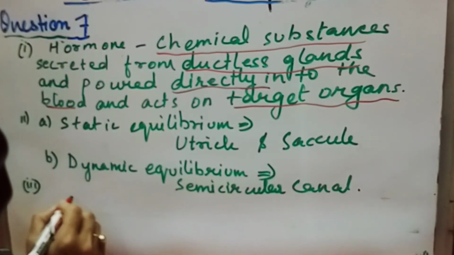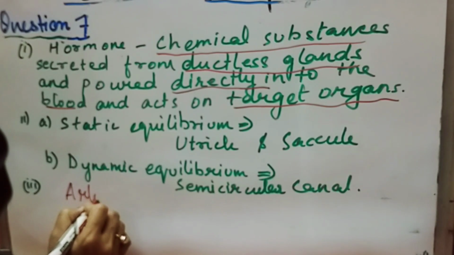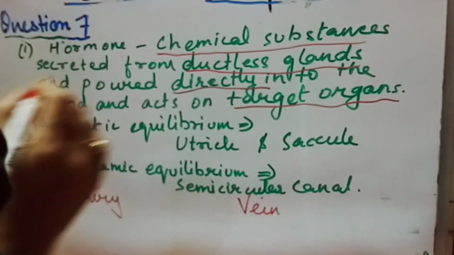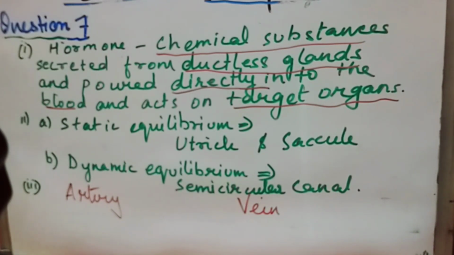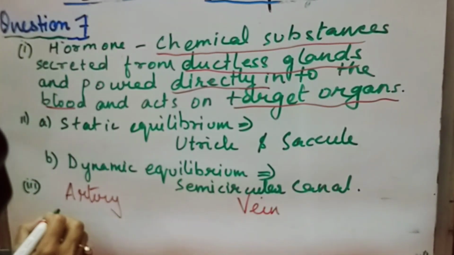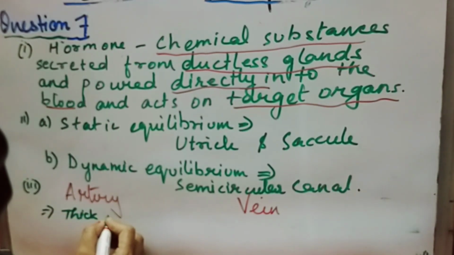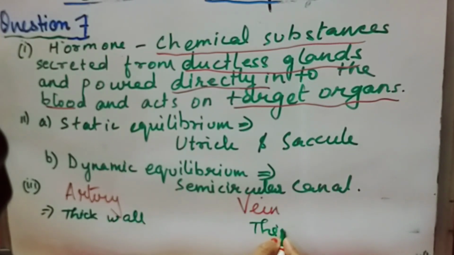So artery and vein. The first difference would be thick wall. So artery has thick wall, vein, they have thin walls.